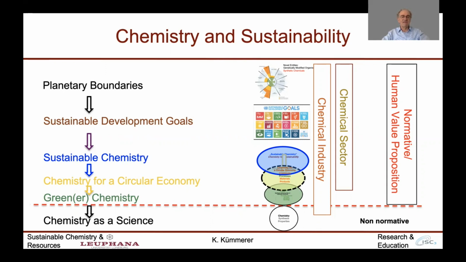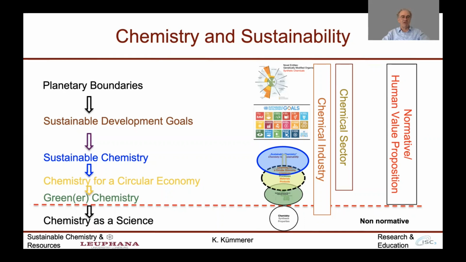And this already tells you greener chemistry is a human value proposition. So to reduce waste, for example, within a chemical reaction, that's what we want as humans. Maybe because we want to save money, or maybe we want to save resources, or we want to protect the planet.